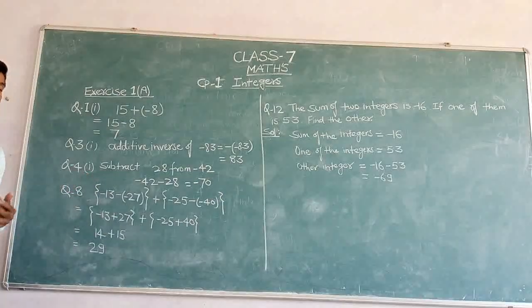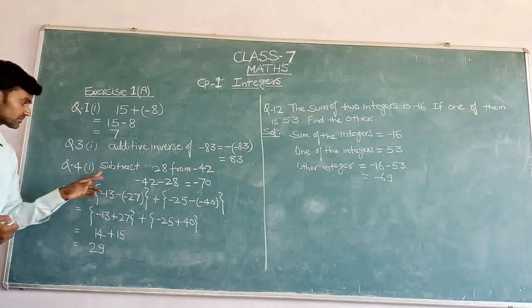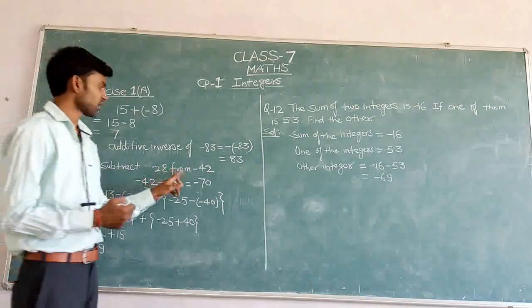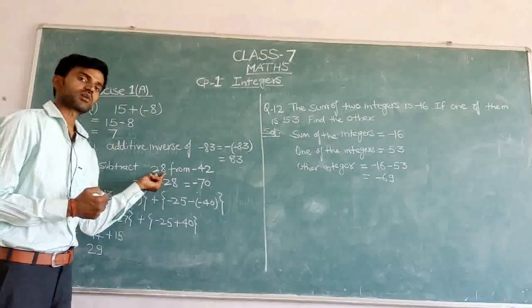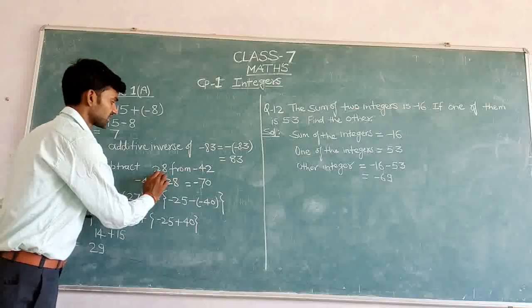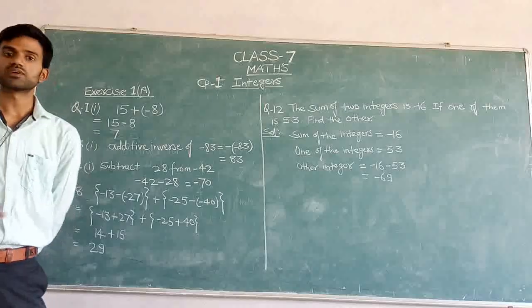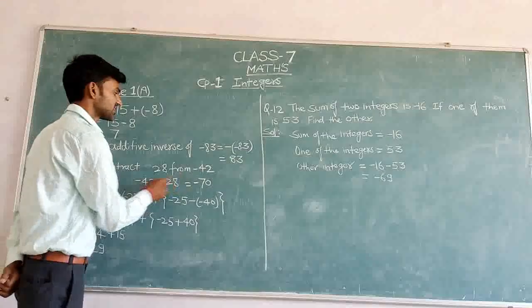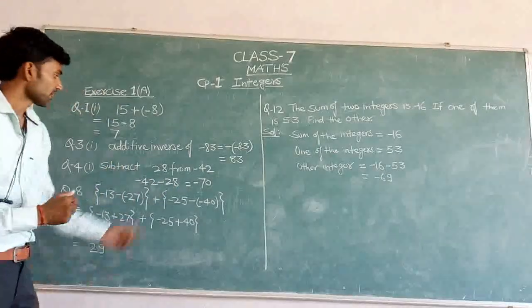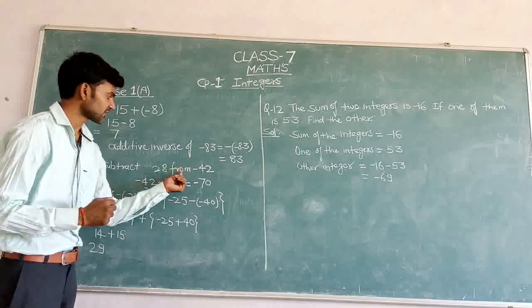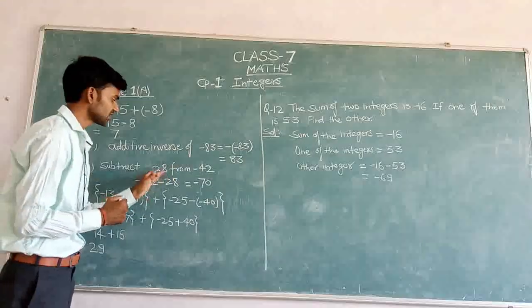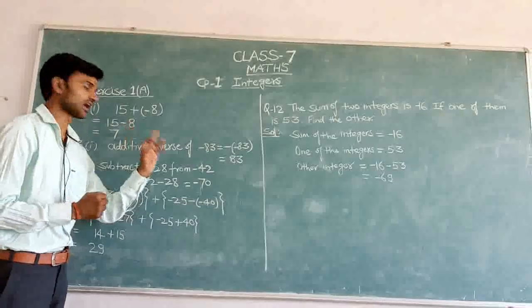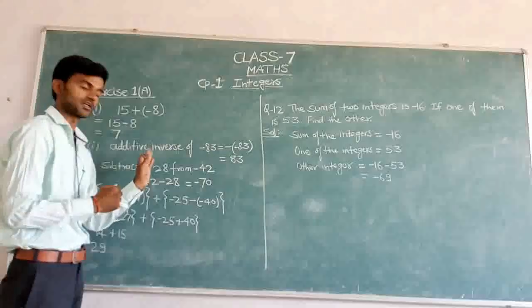Now, come to question number 4. Subtract 28 from minus 42. Look at it carefully. 28 from minus 42. Lots of students made mistakes in this question. 28 is subtracted from minus 42, so we have to subtract 28 from minus 42, not 42 from 28.